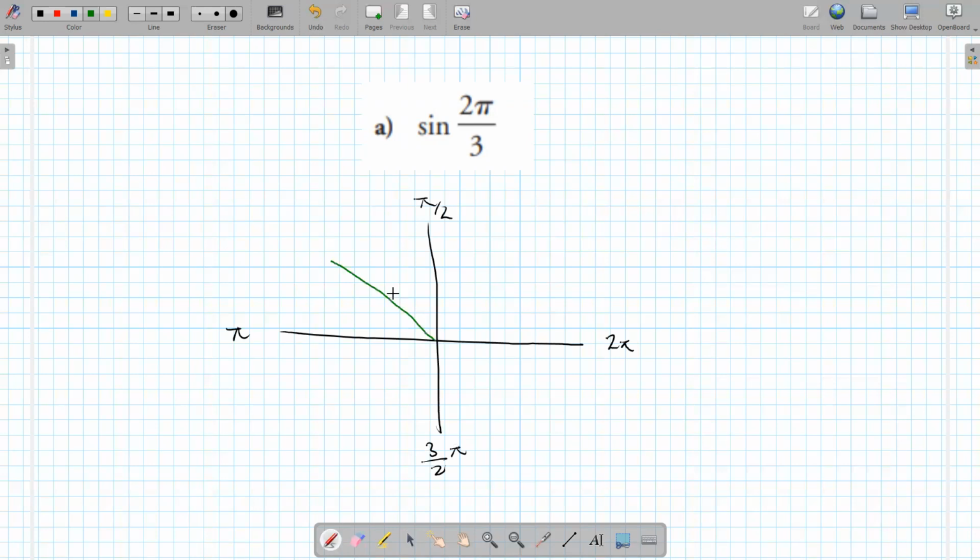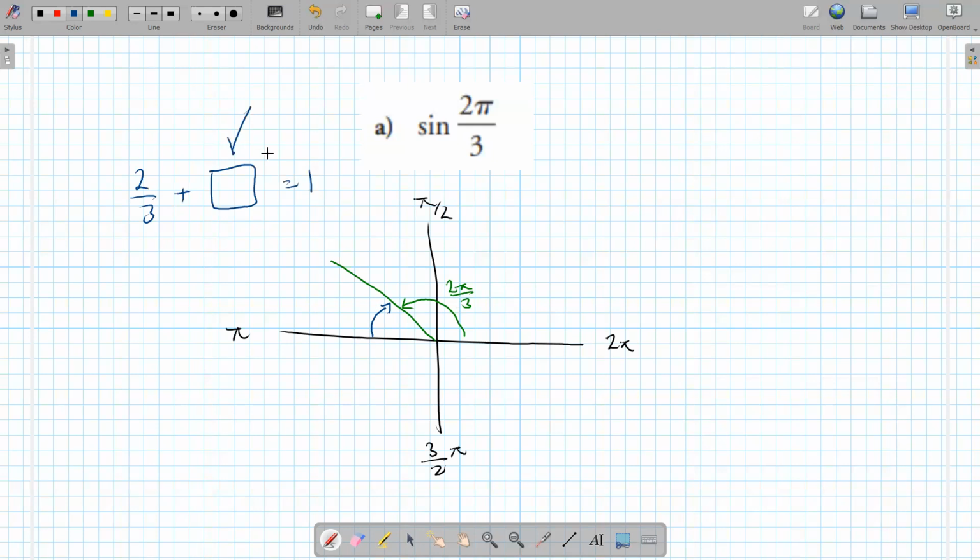So this is going to be our theta. That is 2 pi over 3. If that is 2 pi over 3, remember it has to add up to 1. What's going to be our acute angle here? 2 pi over 3 plus something equals 1 pi. 2 over 3 plus something is 1.